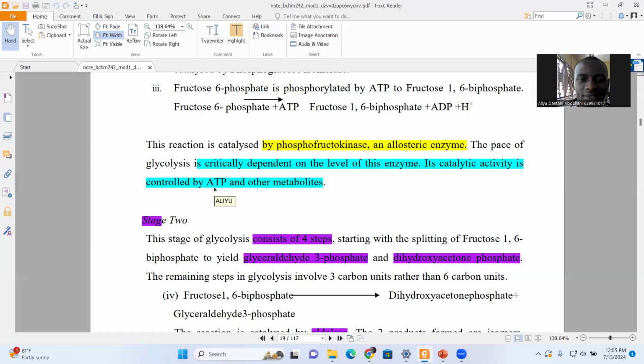And since the enzyme is an allosteric enzyme, it has a regulatory site where something can bind to prevent it from continuously converting a substrate to a product. Then ATP should serve as a good inhibitor in that regard, right? So its catalytic activity is controlled or regulated by ATP and other metabolites. So I hope you understand. I really hope you understand.